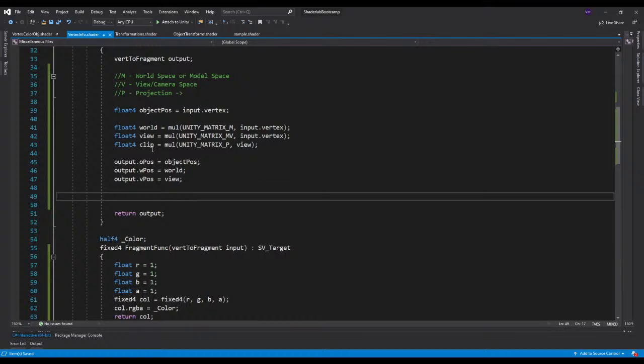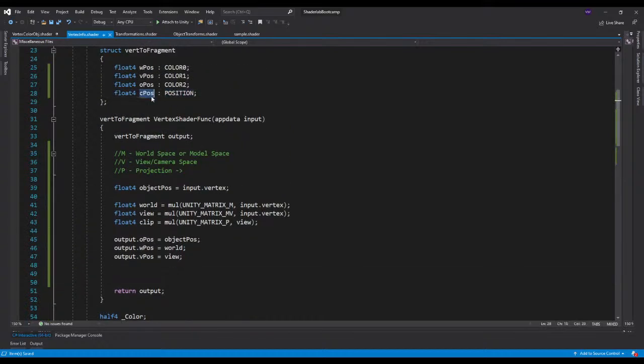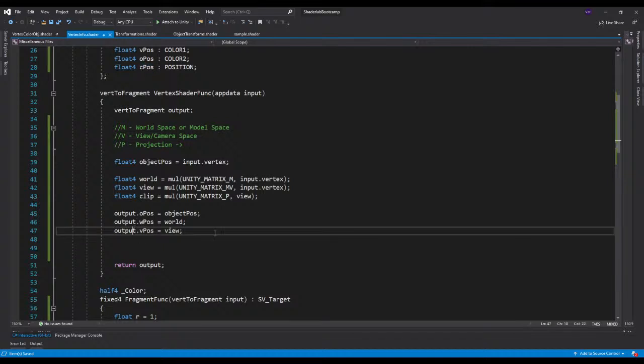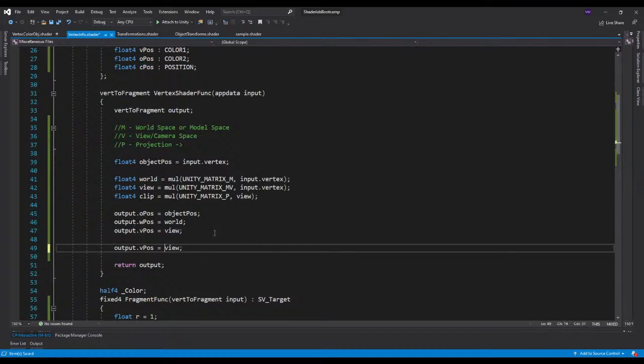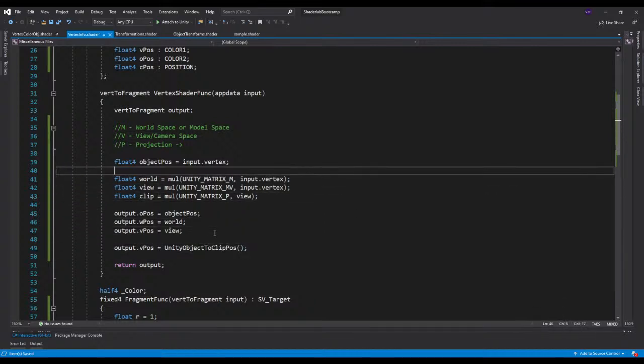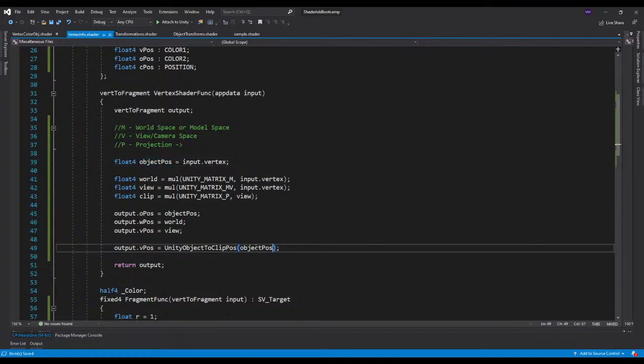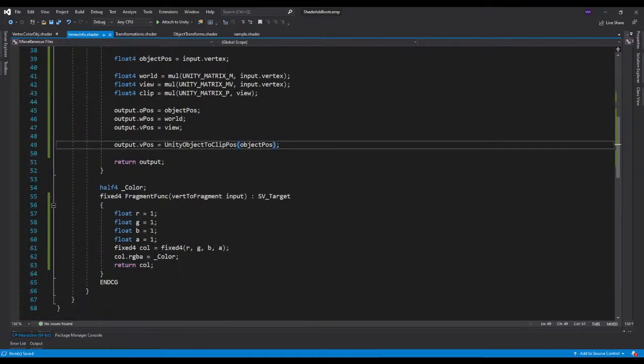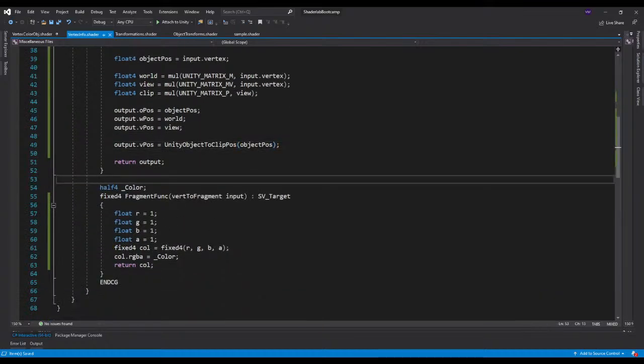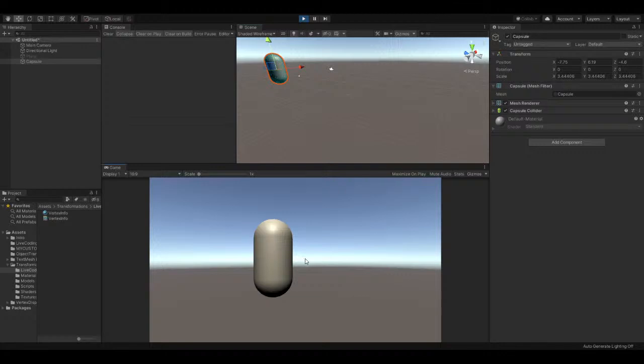Okay, so now in here, where is our position mapped to clip pos? Now our clip pos has to be UnityObjectToClipPos of what? We are multiplying the object space position with the MVP matrix, providing it right here. Let's save it. Transition.